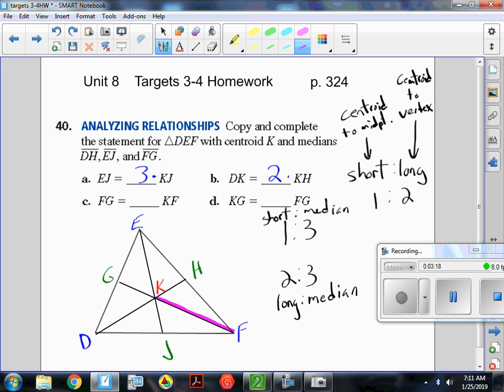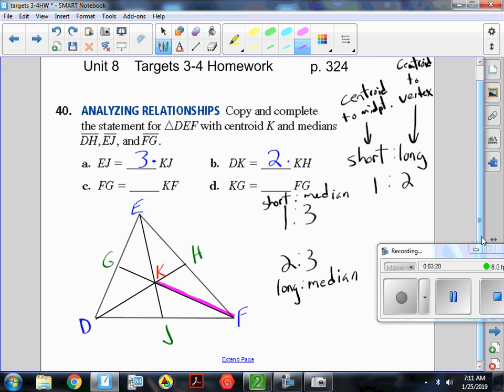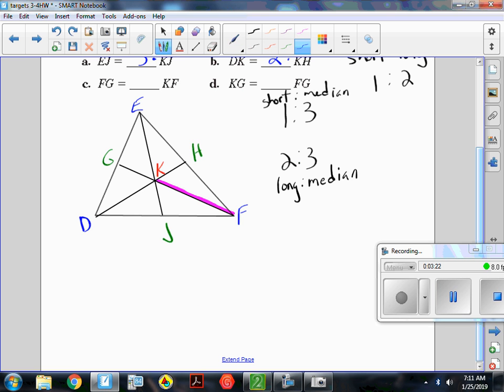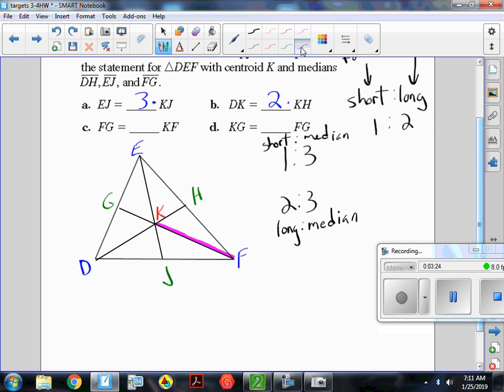So that one you might have to do a little bit of math or algebra. If KF is 2/3 of the median FG, but in the question they have FG by itself. The way to get FG by itself is to multiply by the reciprocal.